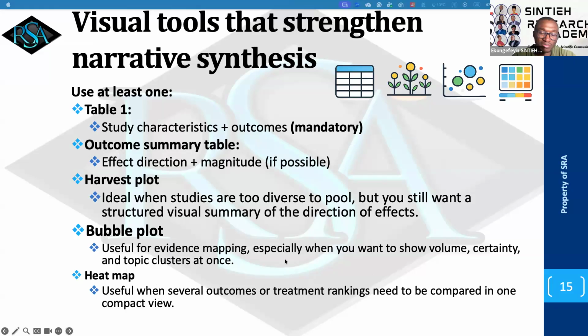The bubble plot is very good when you're mapping evidence over time. The size of the bubble represents the size of the topic, and the colors vary depending on whatever interest you have. The next one is a heat map, which is really good when you have various outcomes but you want to show them in one single dashboard.